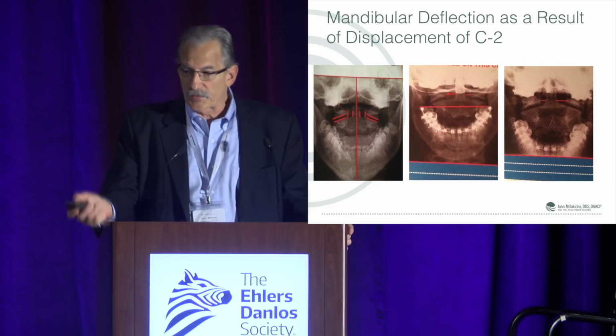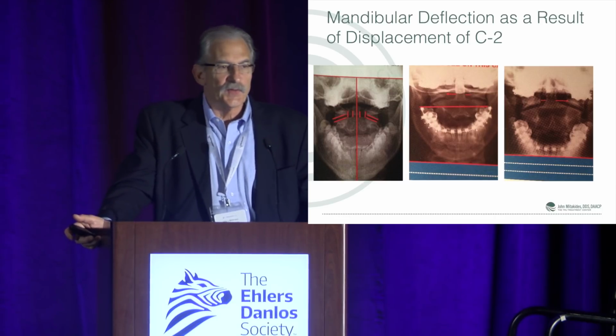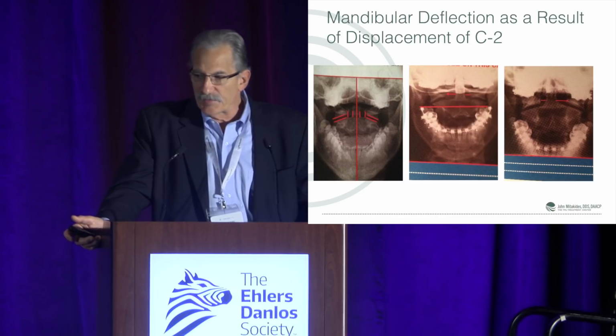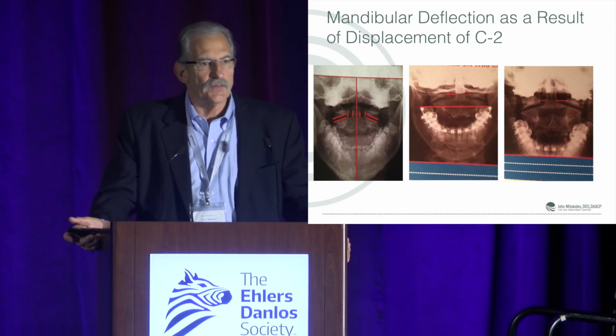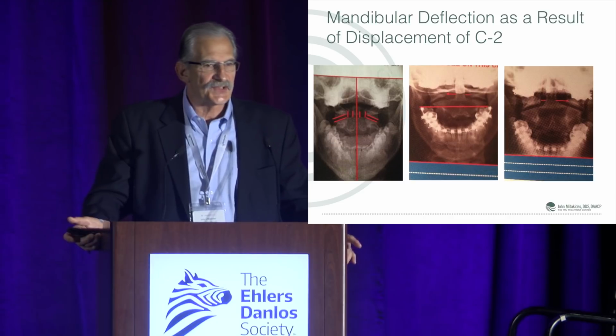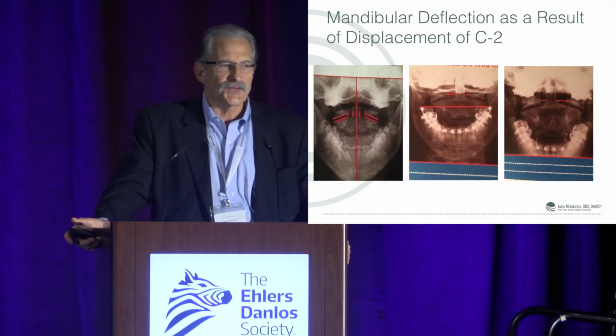Now, this is what we're looking at. The X-ray on the left, you see where everything is balanced. You see the midline, you see the two areas to the left and right, and you see the lateral process. What you're looking at is the dens, the vertical portion of C2, and you're looking at the spacing between C1 and C2. Everything is balanced at this point. The center X-ray is a rotation of C2 to the right.